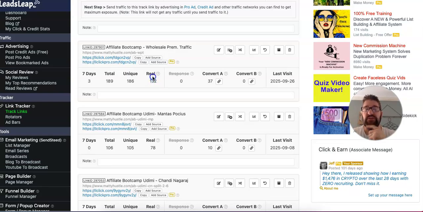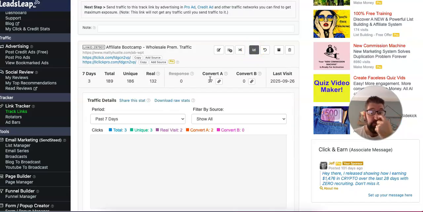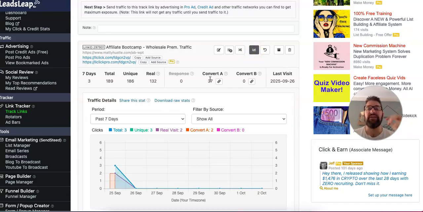Real clicks, this particular tracker with Leads Leap tracks real visitors. And by real, it simply means that they were on the particular site that you're linking in your tracking. In my case, this offer here, it can tell how long, they can tell browser activity, right?